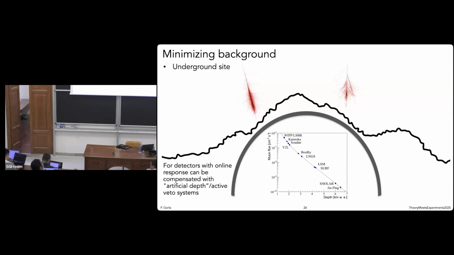Roughly, this is the typical rate, and of course the higher you go, the more this increases. But roughly at sea level, you have this number. At the level of the Gran Sasso lab, you have a reduction of a factor of about 1 million of this number. So you get down to 1 muon per square meter per hour.